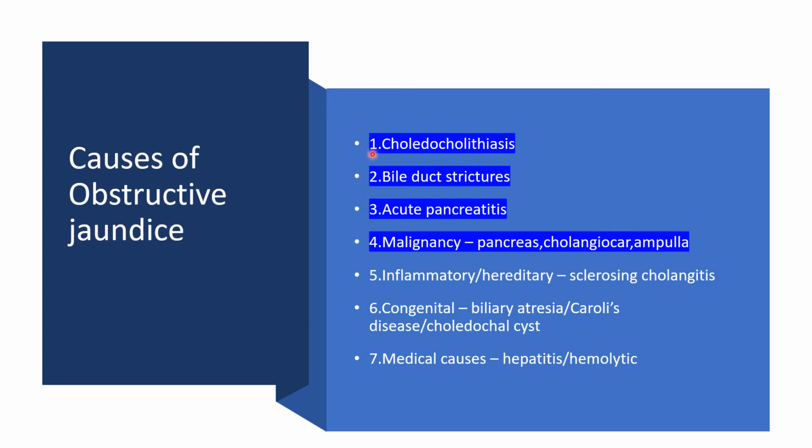The first four are the most common: cholangitis, bile duct strictures, acute pancreatitis, and malignancy. As I told you, the triple malignancy: pancreas, cholangiocarcinoma, and ampulla of Vater. The lesser causes are inflammatory or hereditary conditions such as sclerosing cholangitis, congenital conditions like biliary atresia, choledochal cysts, and of course, we must not forget medical causes, hepatitis and hemolytic jaundice.